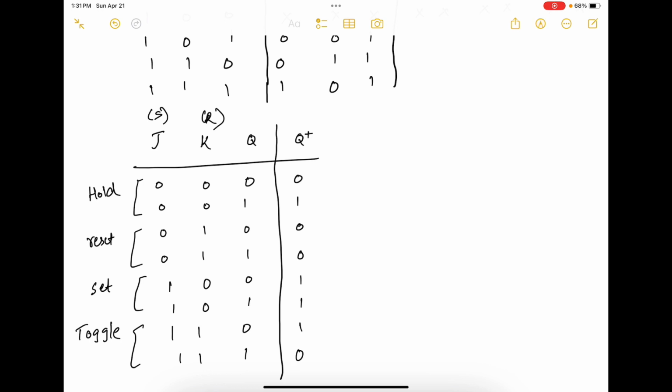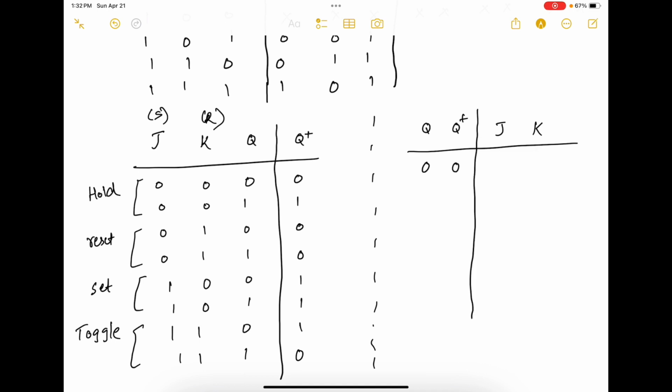Now using this table, let's construct another version of this table where we have Q, Q plus, J, K. The combinations are 0, 0, 0, 1, 1, 0, and 1, 1. So if Q is 0 in the current state and Q plus is 0 in the next state, what are the values of J and K?